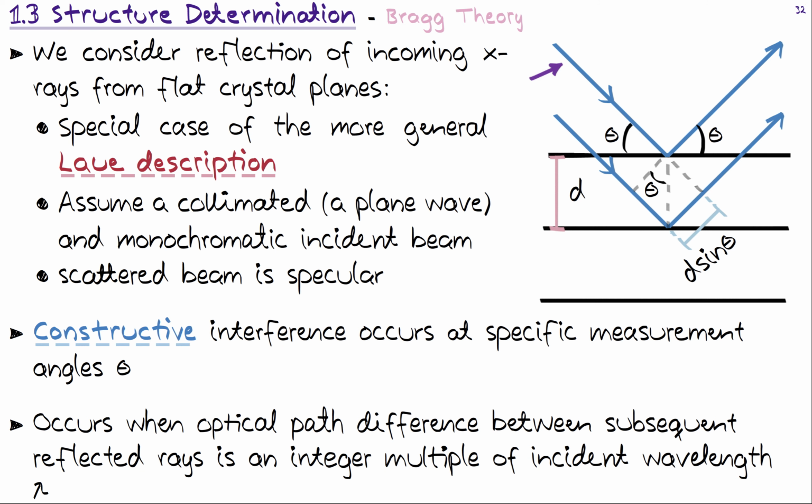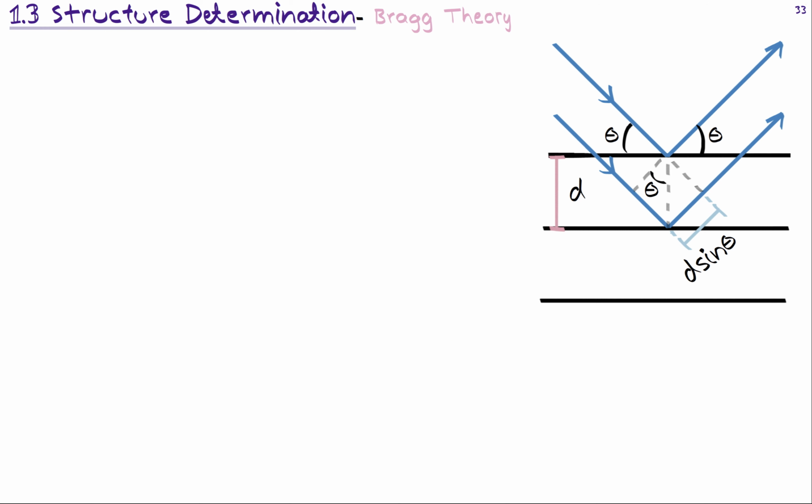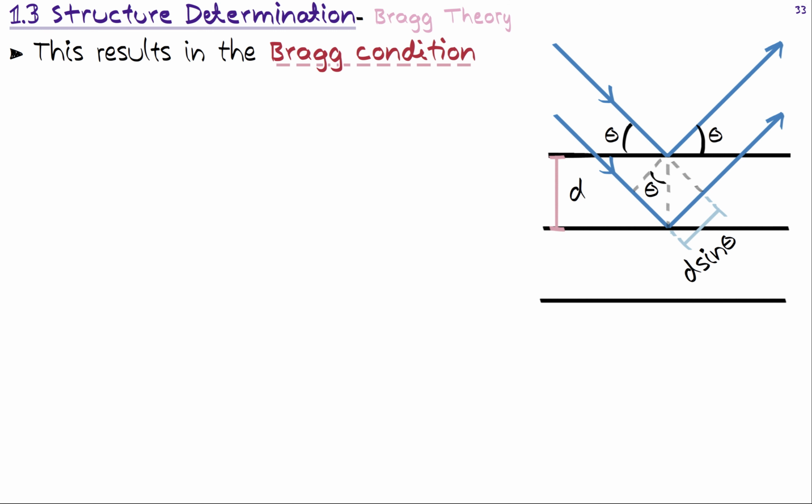So basically, when this difference here, or 2 times this, sorry, it is 2 times this, when it's equal to an integer number of wavelengths. So when we are imposing this and doing the related math, we end up with a Bragg condition.